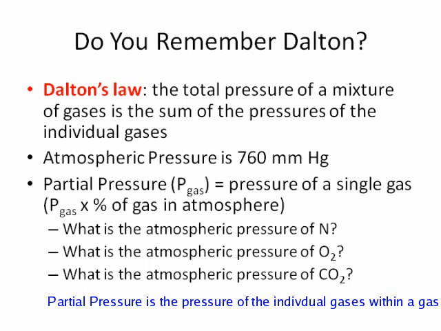Right? Partial pressure is the pressure of the individual gases within the gas. So, atmospheric pressure is 760 millimeters of mercury. That's how much pressure is being applied down onto you by the air surrounding you as you sit wherever it is that you are sitting.